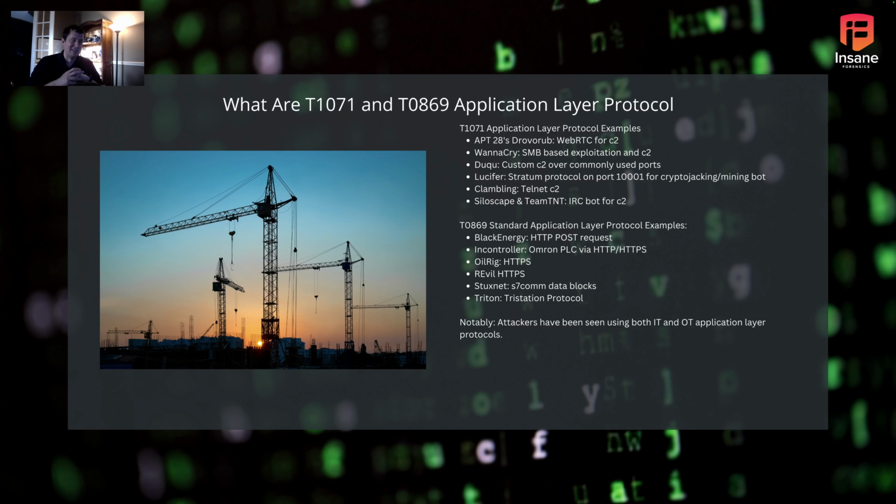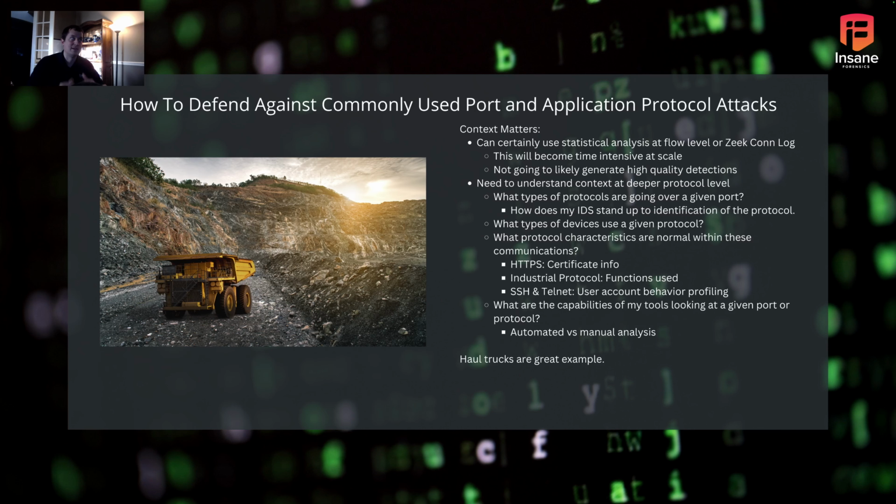A lot of people say IT, OT, very different. In this case, right, it's the same technique. We have two numbers for it, but really our examples do bridge. We have OT examples on the IT side. We have a lot of IT possible stuff on the OT side. So it's important to demystify and say, hey, this really does apply to both sides.